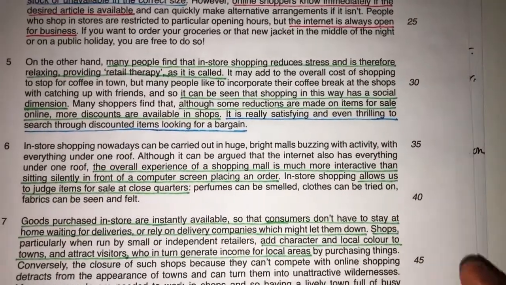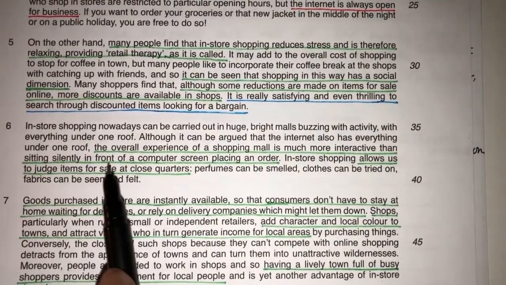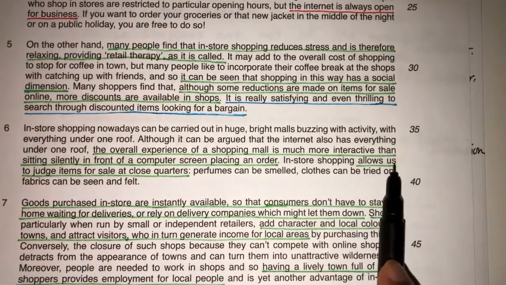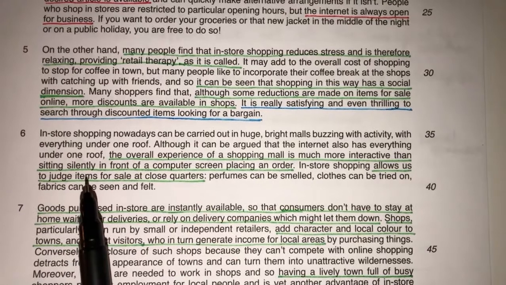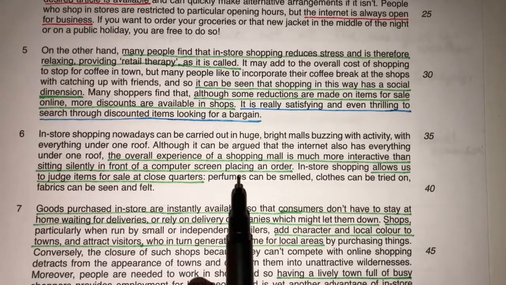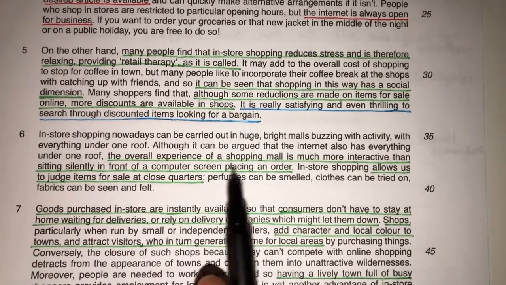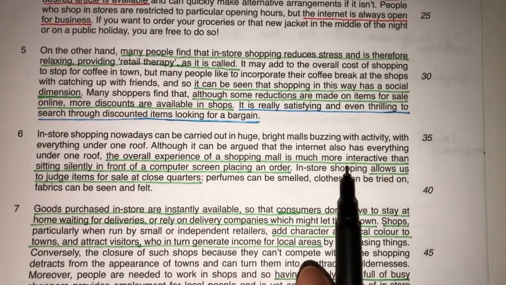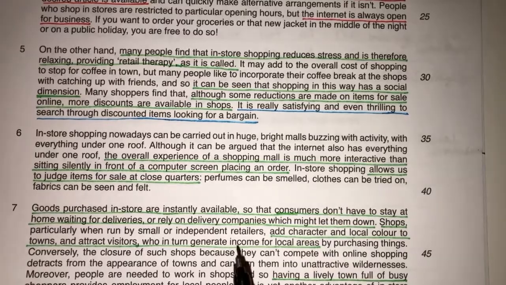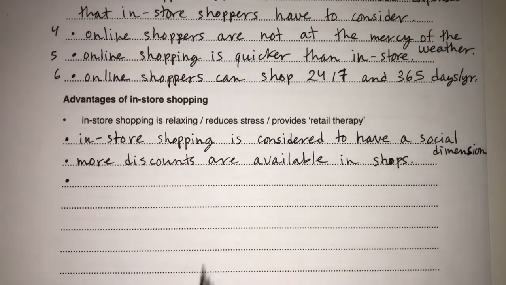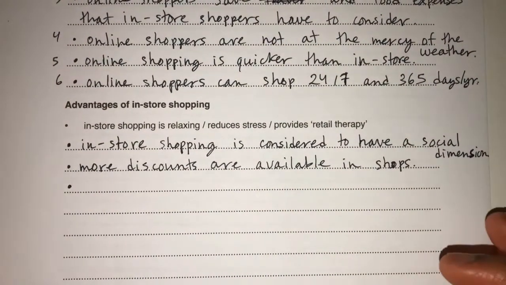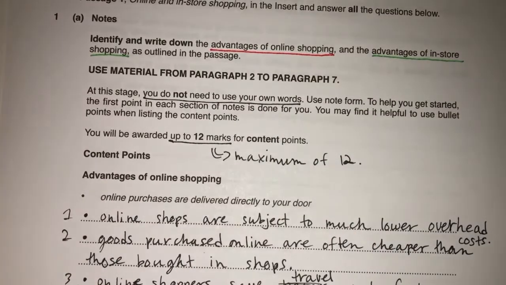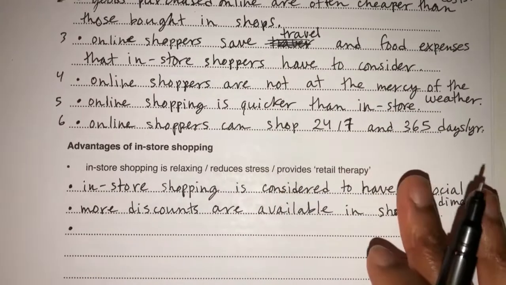Next thing. The overall experience of a shopping mall is much more interactive than sitting silently in front of a computer screen, placing an order. Okay. Experience of a shopping mall is much more interactive. Okay, so I'll paraphrase again. Remember, you don't need to use your own words, but if you find it easier to use your own words, go ahead.